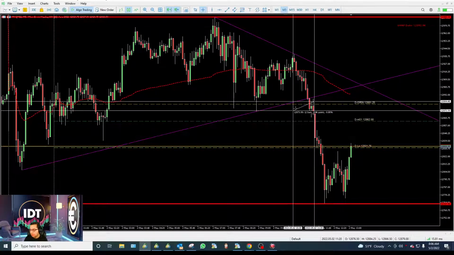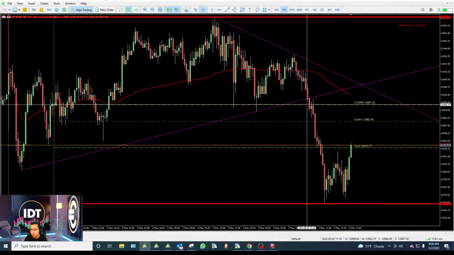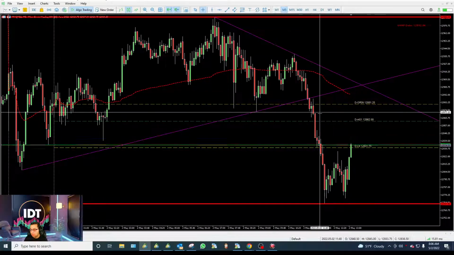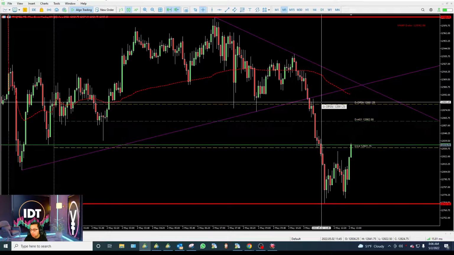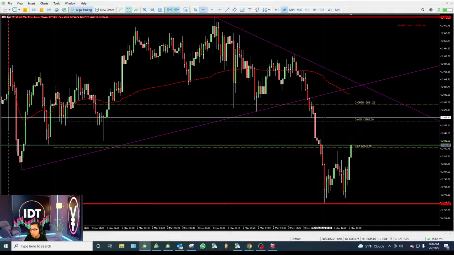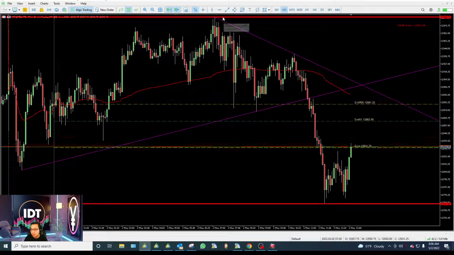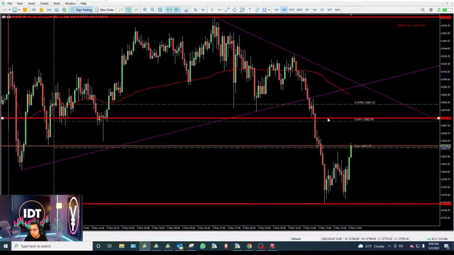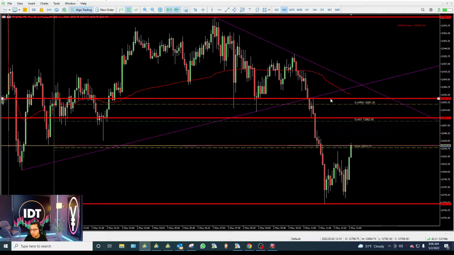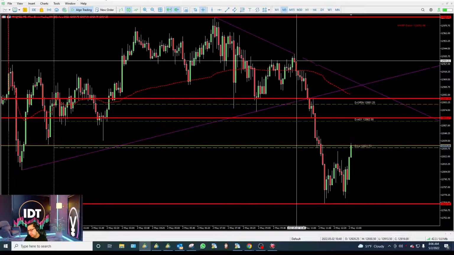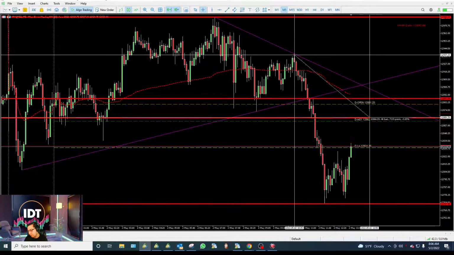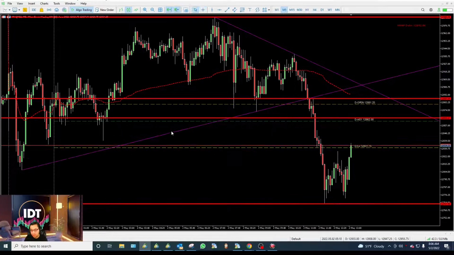It was an interesting attempt to retest it here. So I'm going to mark that up just in case. Something like that. Might be something forming this way, but not clear yet.